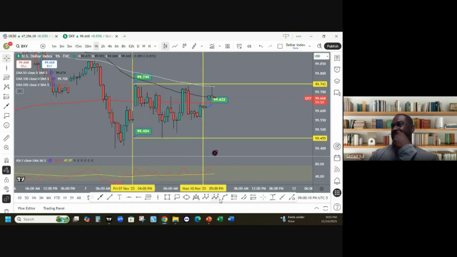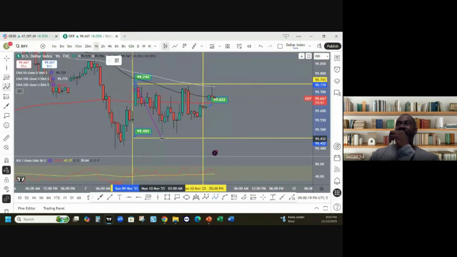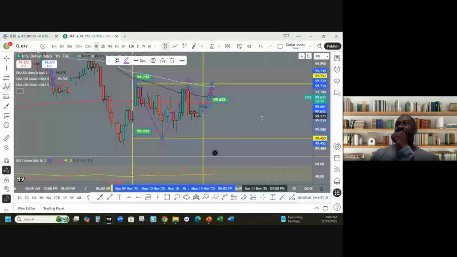What you see, it opens here, it goes down all the way here, last night, all the way to earlier today, it goes all the way back here, and it comes back to close over here. Today it opened over here. Now it's going all the way up right here. So you can see what happened to the US dollar today.